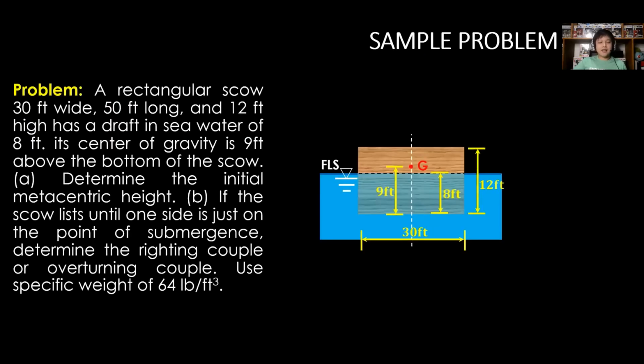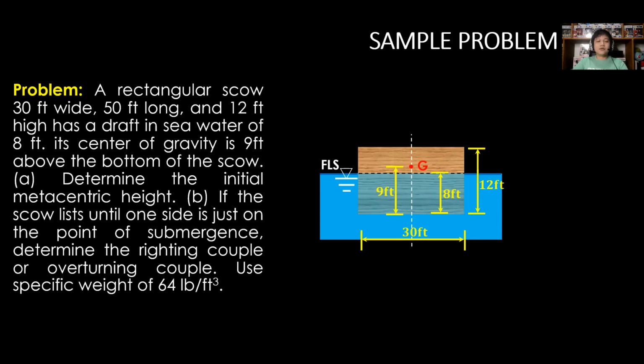So let's apply in our sample problem. A rectangular scow, 30 feet wide, 50 feet long, and 12 feet high, has a drop in seawater of 8 feet. For this drop, this is the portion which is submerged. So its center of gravity is 9 feet above the bottom of the scow.